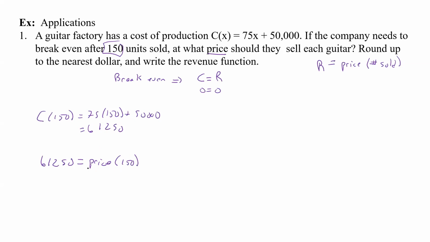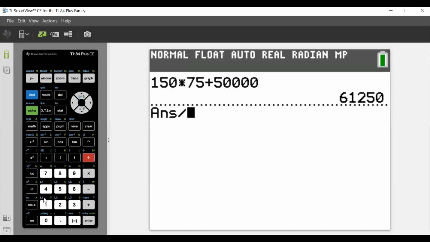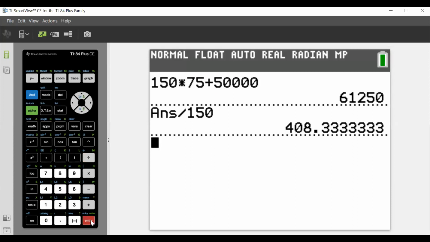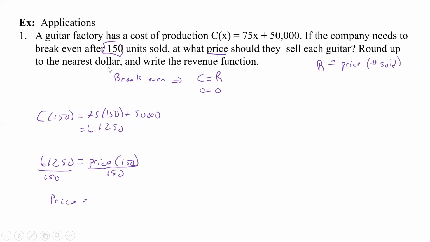So now we divide both sides by 150. And so then the price is equal to what? We divide that by 150, and we get 408.333, and if we round to the nearest dollar, the price is going to be 408. Okay, so that's the price rounded to the nearest dollar.